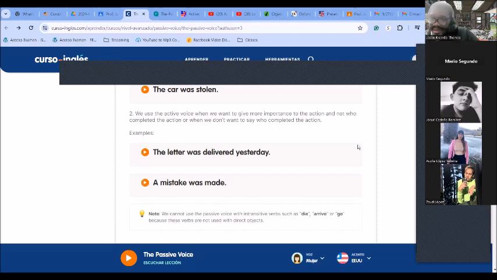When we don't have direct objects, then there's no direct object to put at the beginning. All right, so for example, he died. There's no complement. I just arrived. There's no complement.